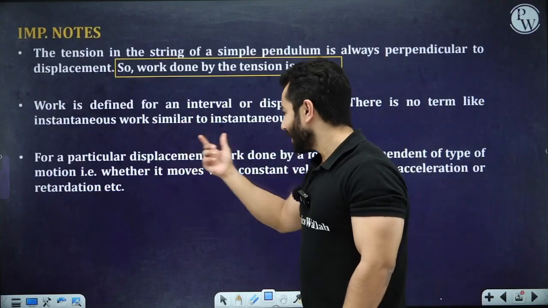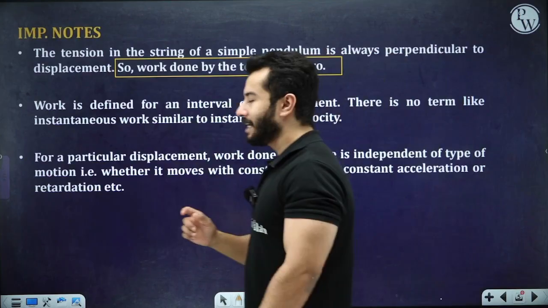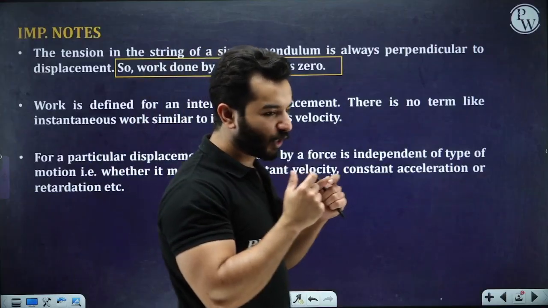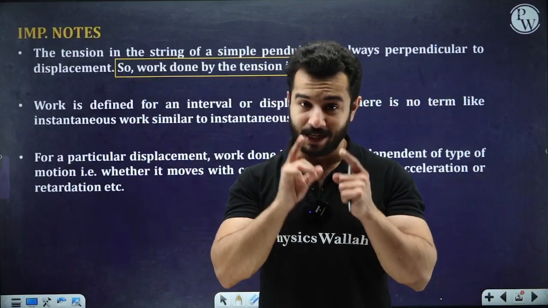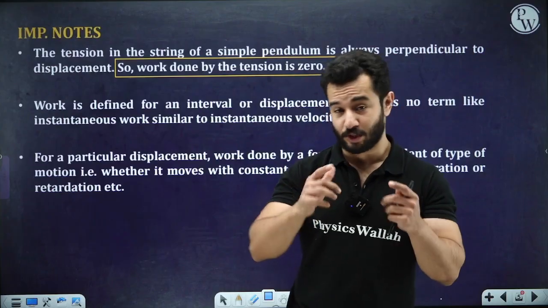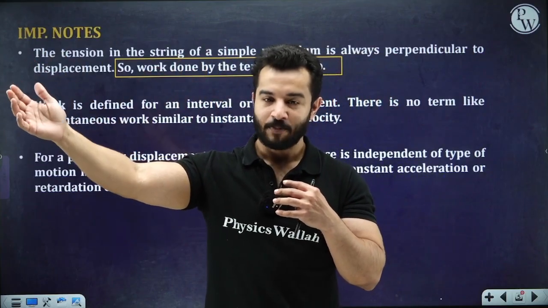For a particular displacement, work done by a force is independent of the type of motion, right? Force does not depend on the frame of reference, but displacement does. Displacement does depend upon the frame of reference. That's what we have studied in kinematics.